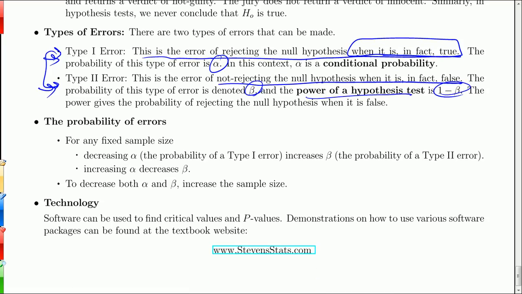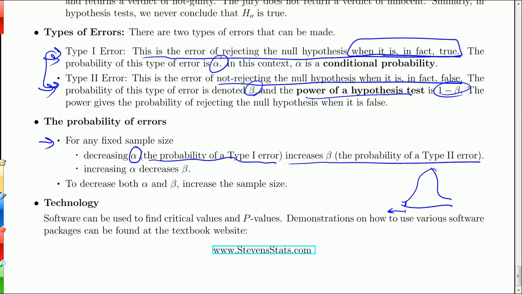So for any fixed sample size, if you decrease alpha, right, that decreases the probability of a type 1 error. That simultaneously increases the probability of a type 2 error. Right? So if you decrease alpha, that maybe makes your rejection region really small.